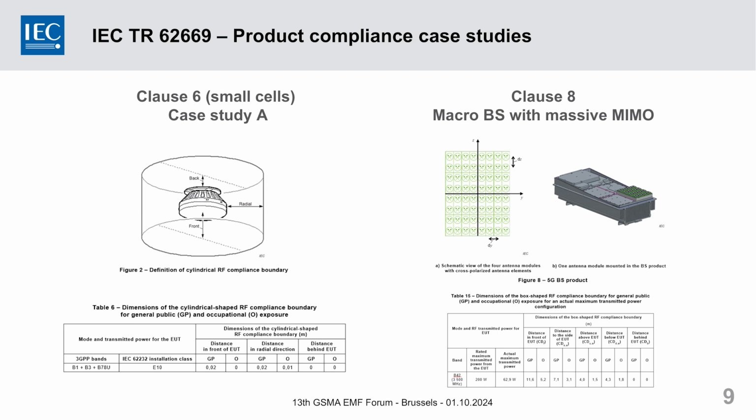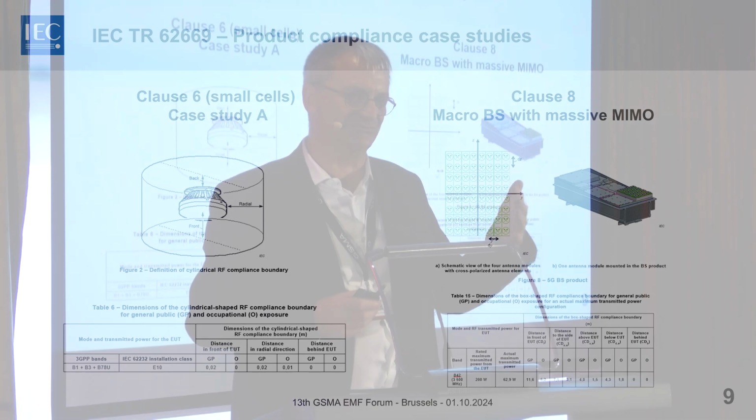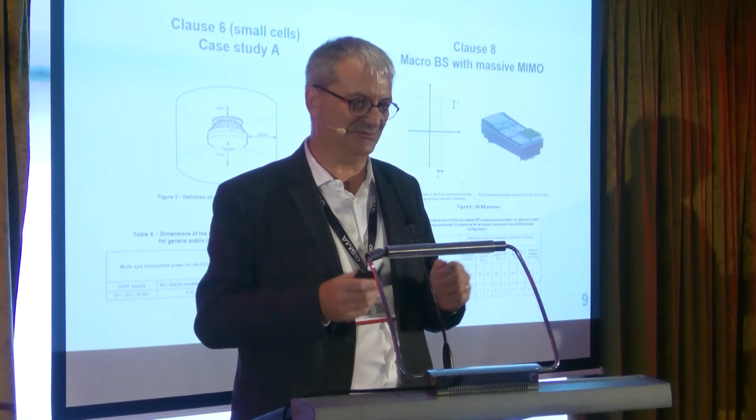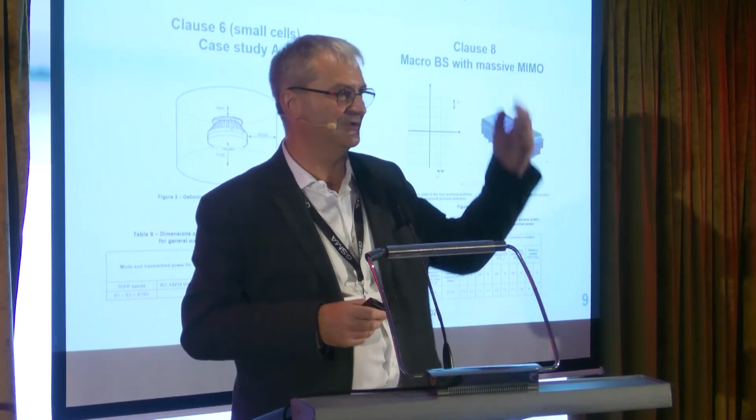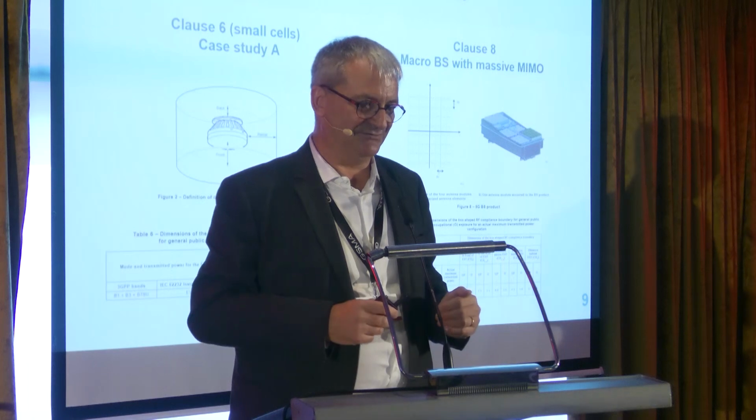On the left, you have a small cell. For small cells, we do SAR measurements, like mobile phones, basically. We put them on a phantom and we measure SAR, and it results in compliance distances that are generally 0 or close to 1 centimeter, very small, so that they can be deployed close to where people live.